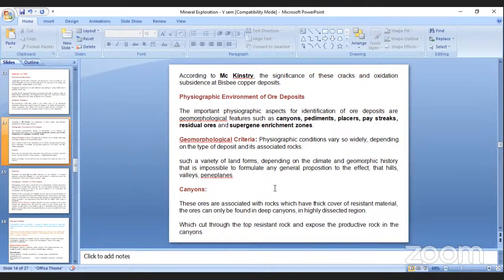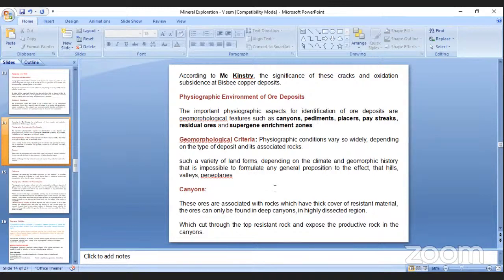Next one is canyons. These ores are associated particularly with rock that has a thick cover of resistant material, and the ores can only be found in deep canyons, in highly dissected regions.